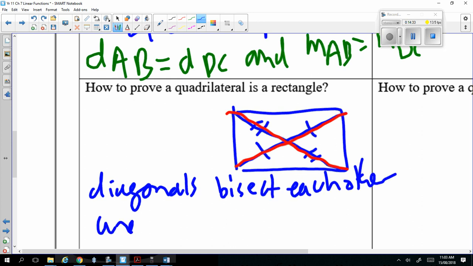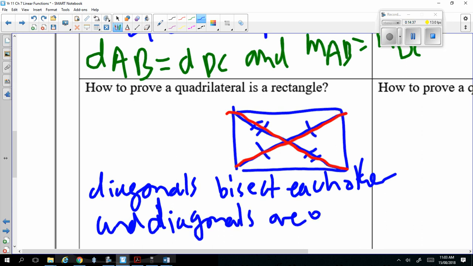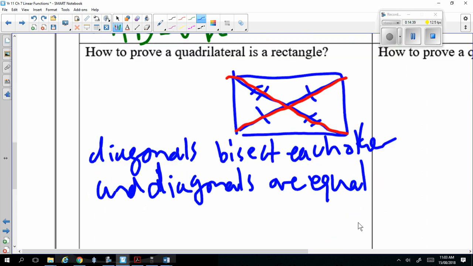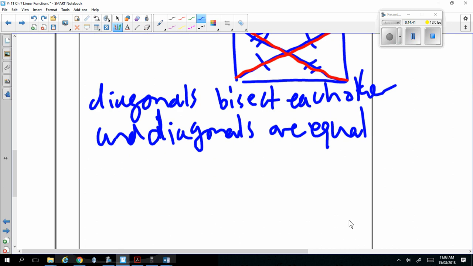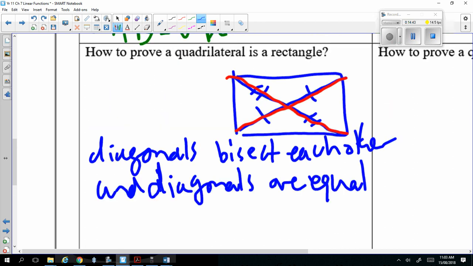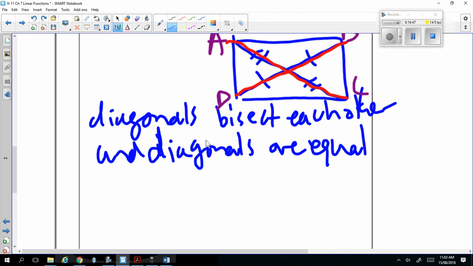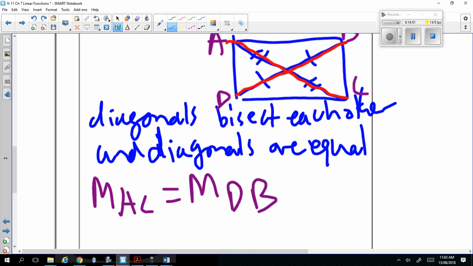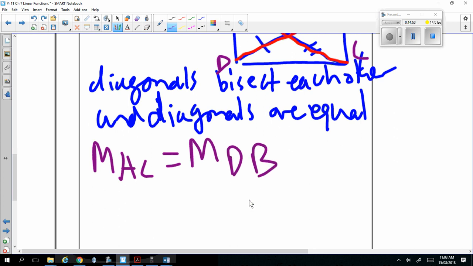Okay, that's the best one. So again, in that case, if I got ABCD again, you have to prove that the midpoint of AC equals the midpoint of DB. And also, instead of gradient, use the distance: distance AC equals distance DB.